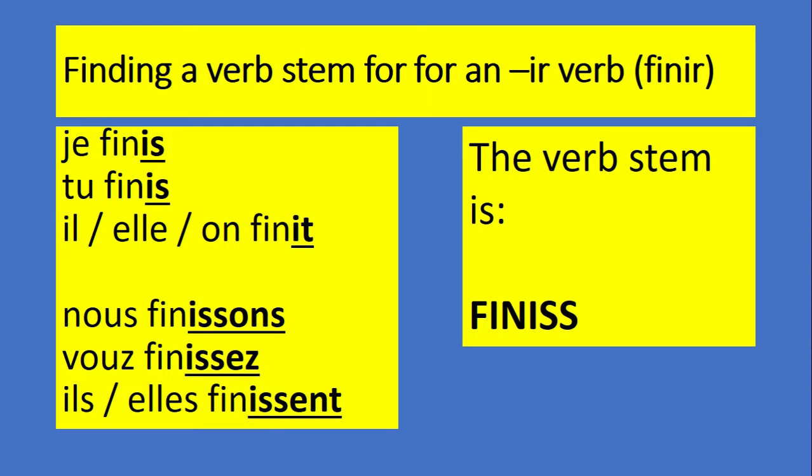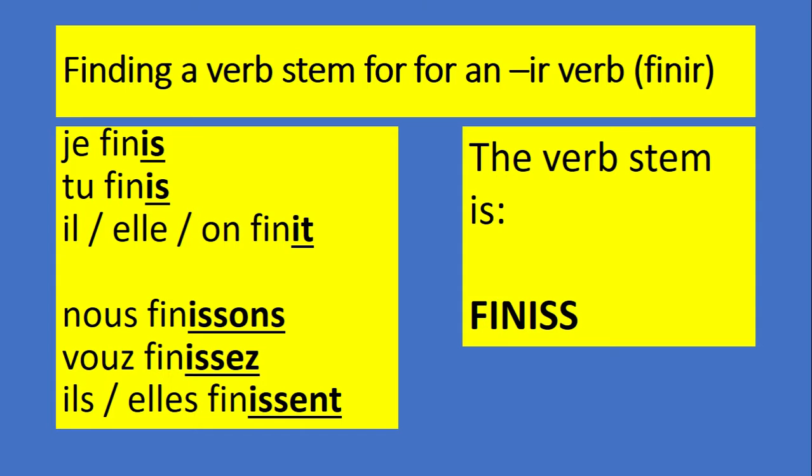So if you only want to remember one rule for a verb stem that fits every verb, then remember this: the verb stem is the nous form of the present tense minus the ONS.